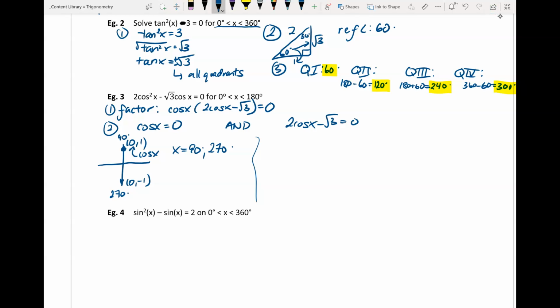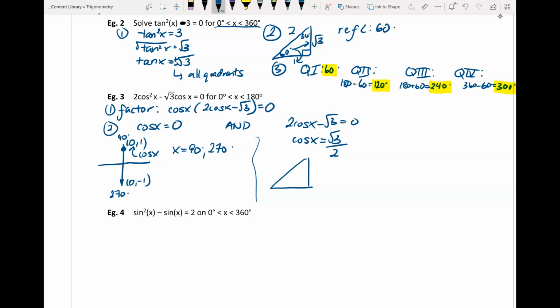And then we're going to look at the other side here. Now this part looks exactly like example 1, in that I want to isolate my cos x and solve for that. So I'm going to add root 3 to both sides and then divide both sides by 2. So I'm looking for when cos x is equal to root 3 over 2.